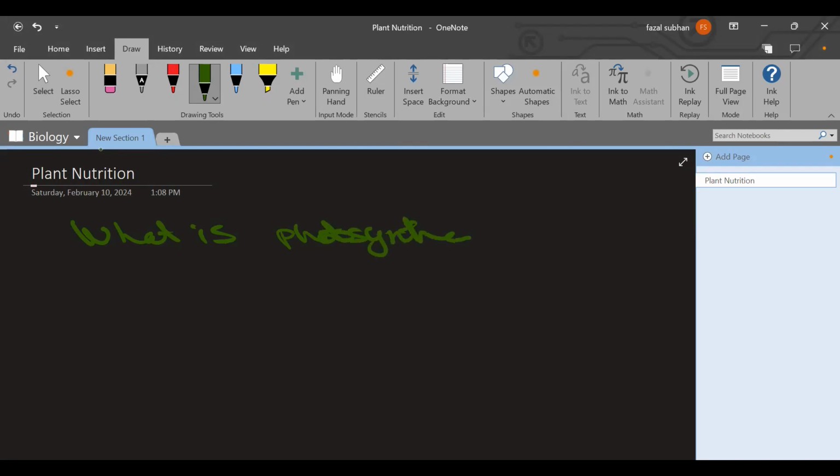The other thing that we'll discuss is what is chlorophyll. The other thing which we will discuss is how are the products of photosynthesis stored and how are they used.